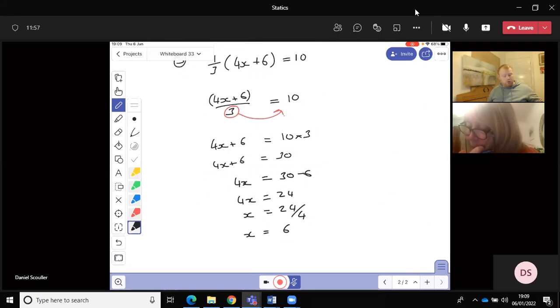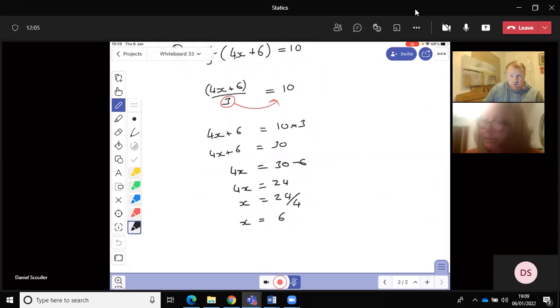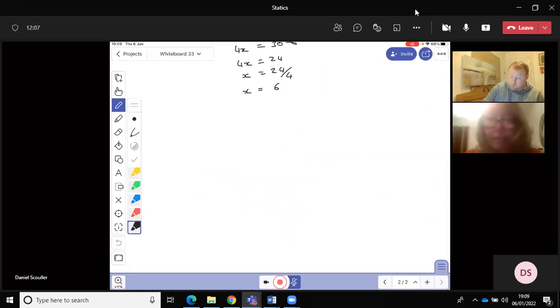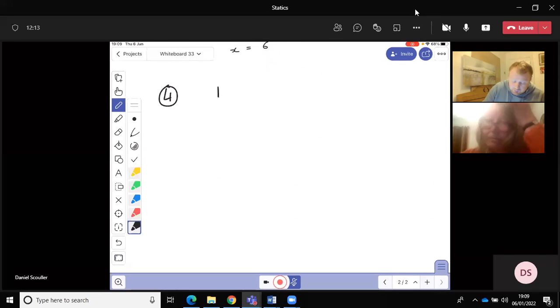One more format can throw you. Anyone still copying? We're all good. One other format that can throw you when you're rearranging equations: still a fraction involved, and then you throw a root in.